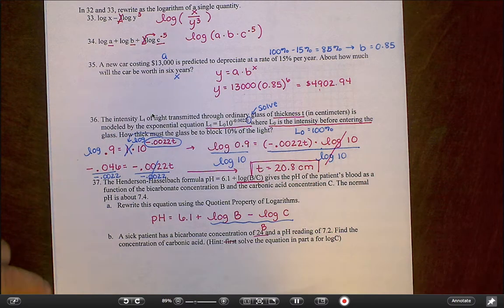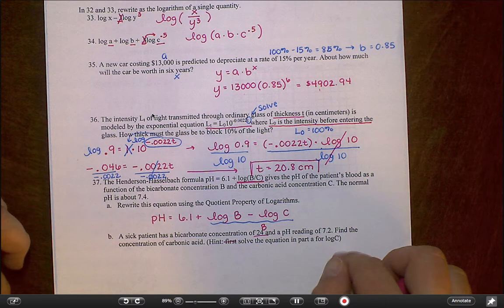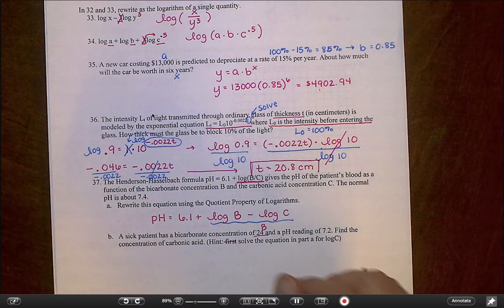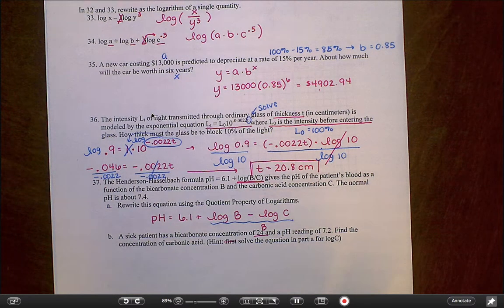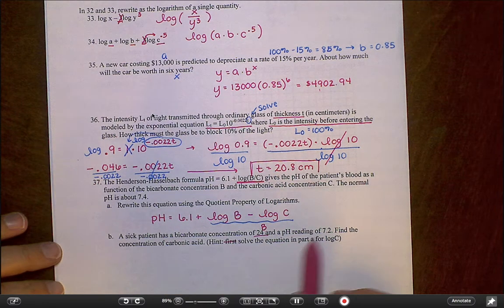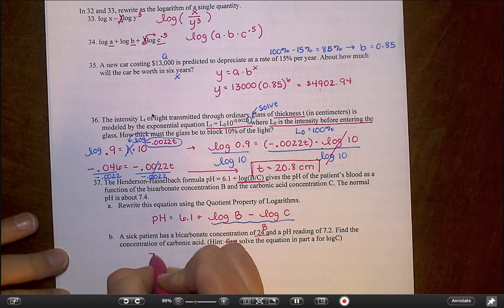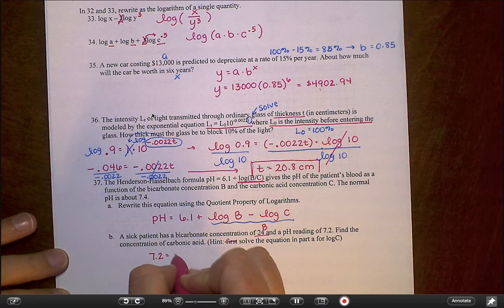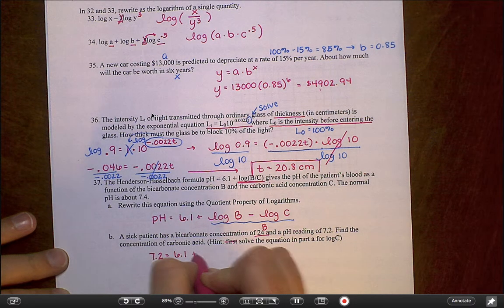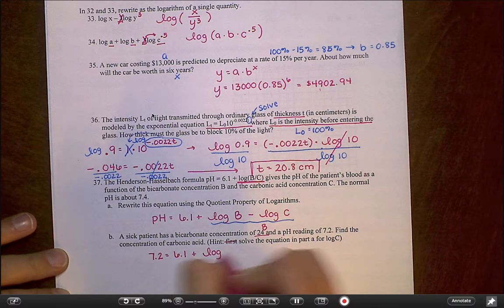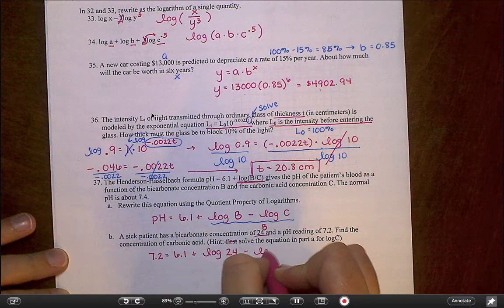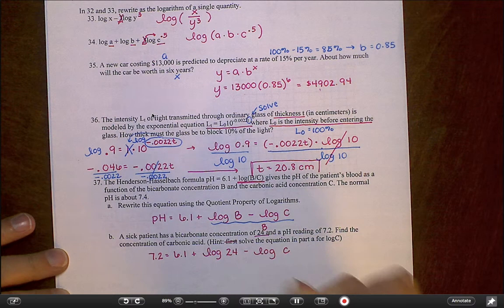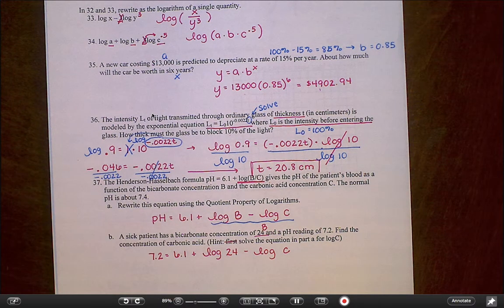I'm going to start by plugging my numbers in. Now you could do what that says, but I'm going to start by plugging my numbers in and simplifying as much as I can, and then we'll deal with the log C. So I am plugging 7.2 in for my pH, and then I'm plugging 24 in for B. And I'm leaving the log C alone.